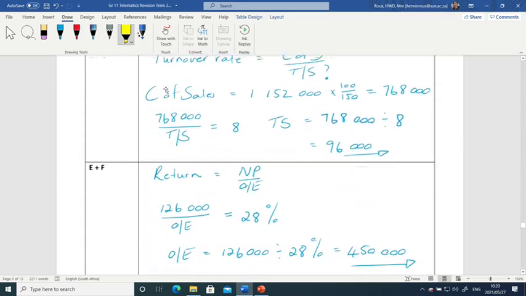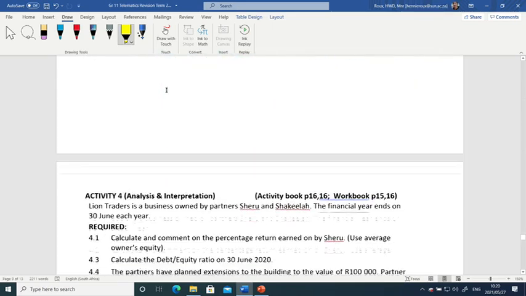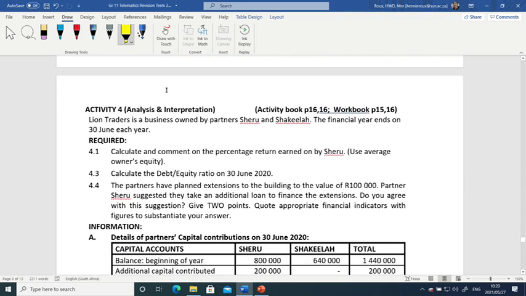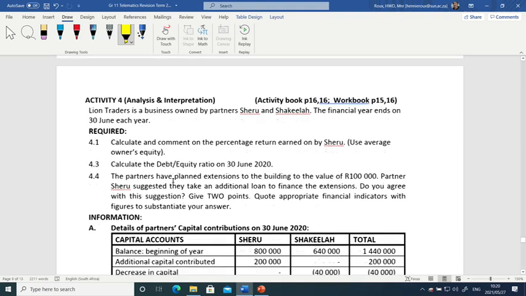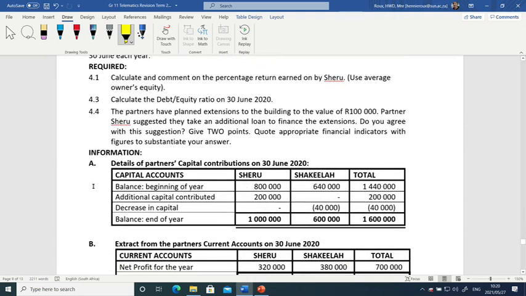The last activity that we're going to do is in your activity book, pages 15 and 16, I think, and then in your workbook, pages 15 and 16. They give you a lot of information. Again, read the headings. The detail of the partners' capital contribution on the 30th of June, at the end of the year.